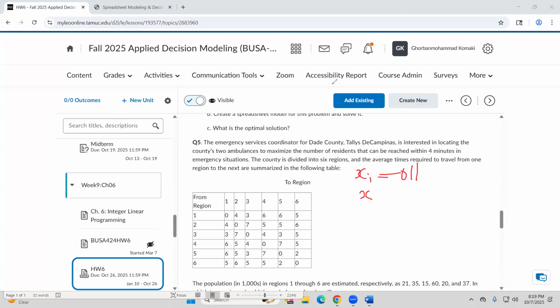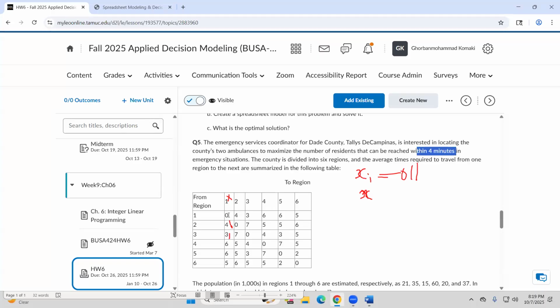Now here the distance, so let's first, if you put in region 1, you can cover region 1, 2, 3, and that's all, because region 4 and 5 are more than 4 minutes, right?